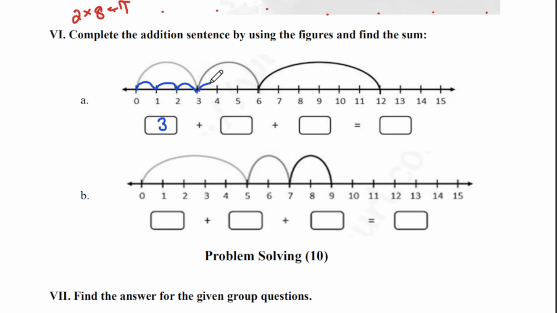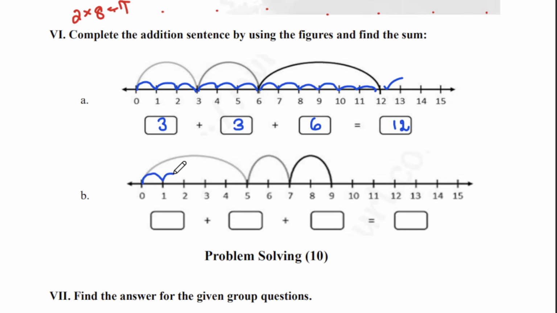Again we have 1, 2, 3. Next 1, 2, 3, 4, 5, 6. So 3 plus 3 is 6, 6 plus 6 is 12. And we reached 12 correctly. This is like the same frog jump questions we had in the chapter, right? Same type of question.